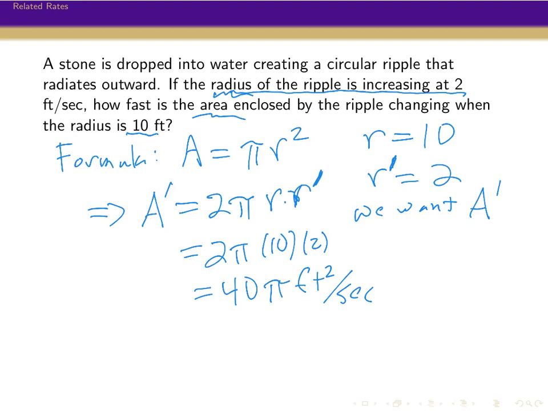If you want to know what that is, I'll pull out my calculator and get 40 times pi, which is about 125.7 feet squared per second. So that's how we do this problem. Okay, let's move on to the next problem.